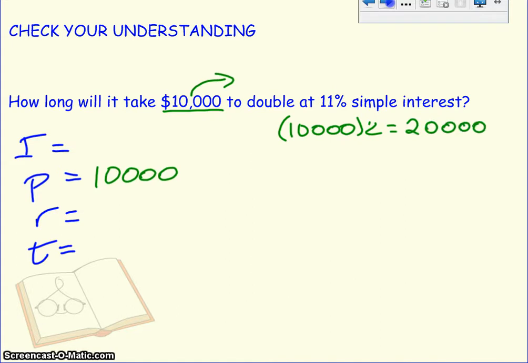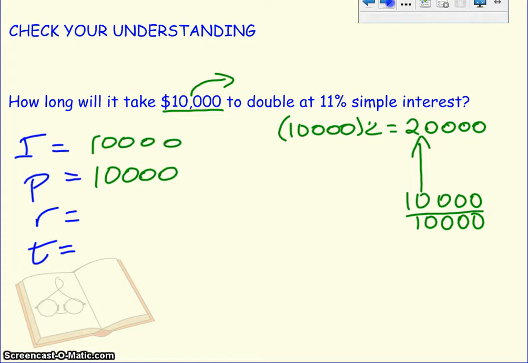And some of you will think, great, that's what the interest is. But no, it is when does it take that amount to double? So when is it going to grow to 20,000? So I started at 10,000. I want it to double or grow to 20,000. So the difference between the two is 10,000, and that's my interest.